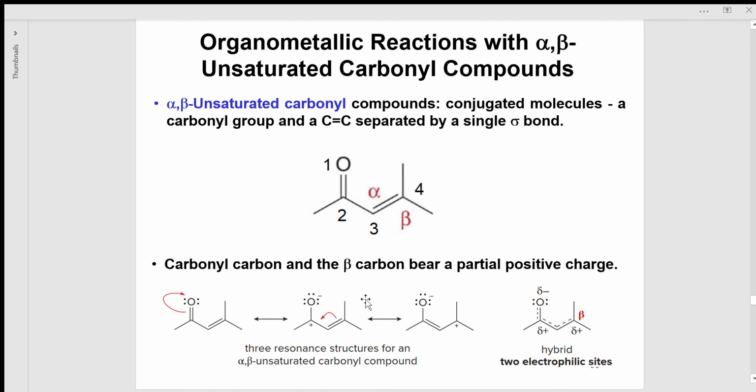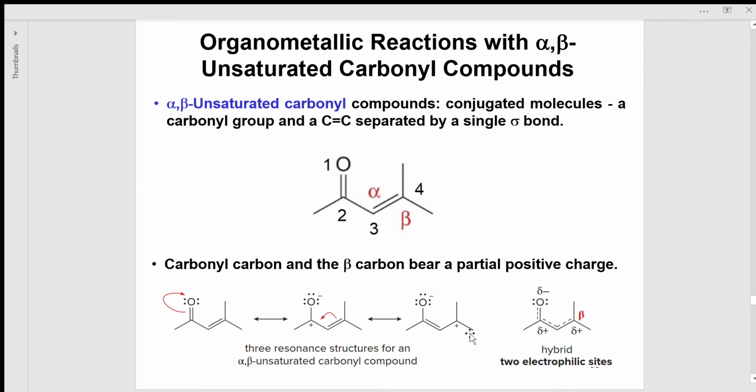And why is this alpha beta special? It's because of the alpha beta, the pi bond, the 2 electrons can move towards this direction to form a new resonance structure, forming a new carbon-carbon double bond here, and shifting the positive charge from this carbon towards this carbon.